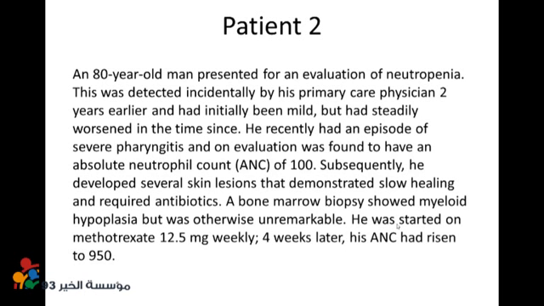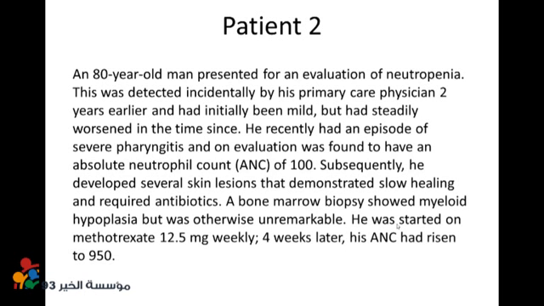Subsequently, he developed a lot of skin lesions that demonstrated slow healing and required antibiotics. A bone marrow biopsy showed myeloid hypoplasia, but was otherwise unremarkable. This patient was started on methotrexate, and 4 weeks later his white blood cell count went up.